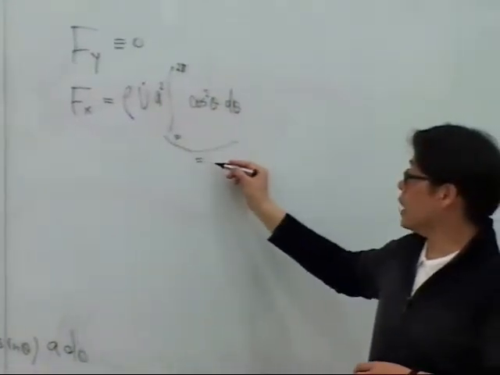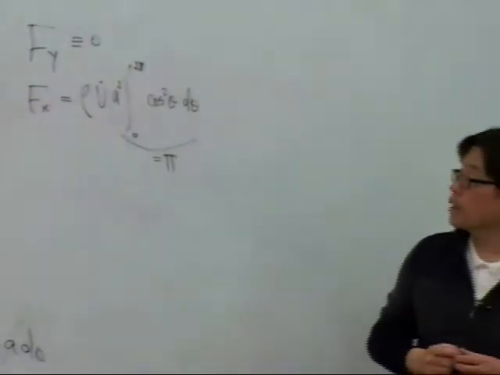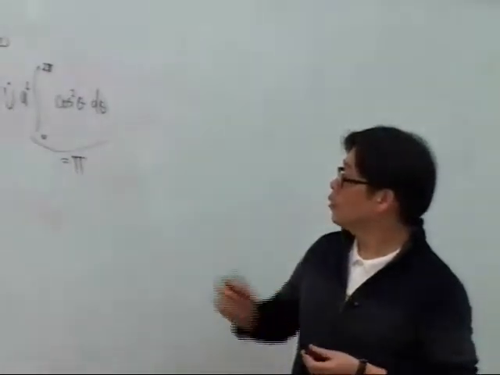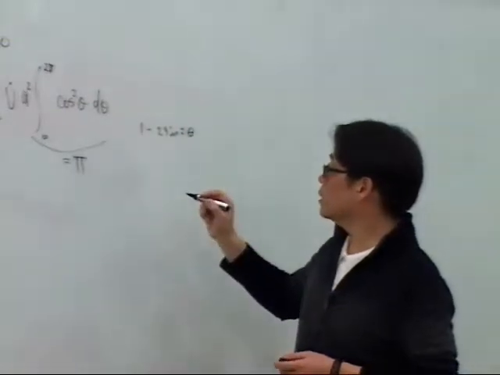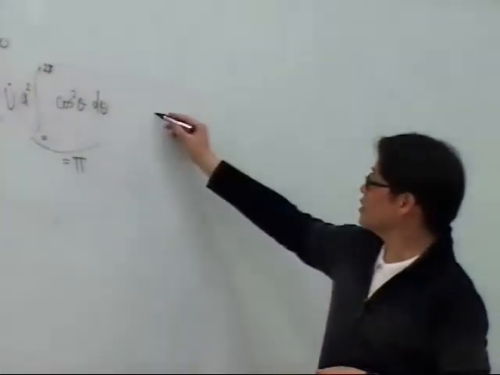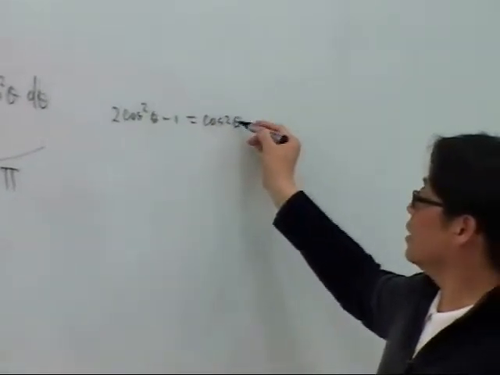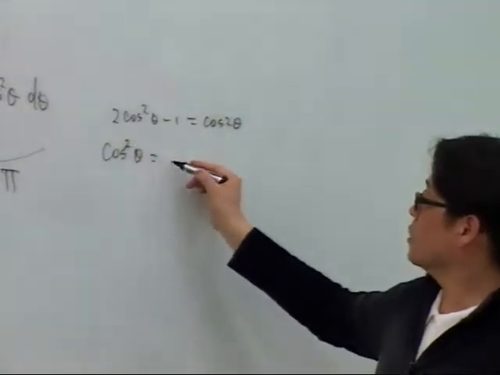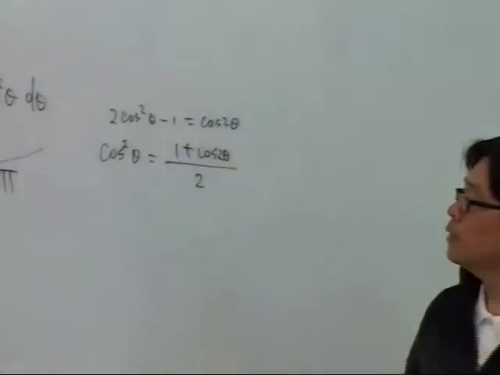Last time I said this is pi, because cosine squared theta is 1 plus cosine 2 theta divided by 2.